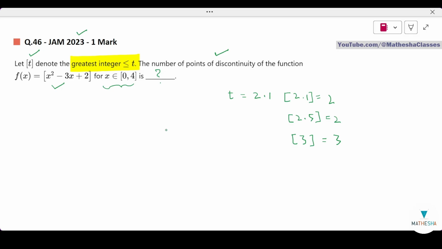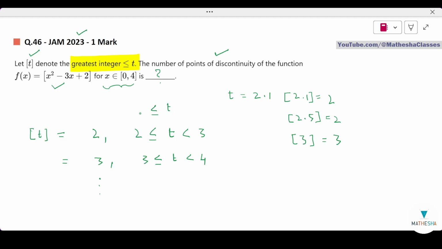So now, note carefully. When the value of t is bigger than or equal to 2 but less than 3, box of t will be equal to 2. When t is bigger than or equal to 3 but less than 4, the value of box is 3, and so on.